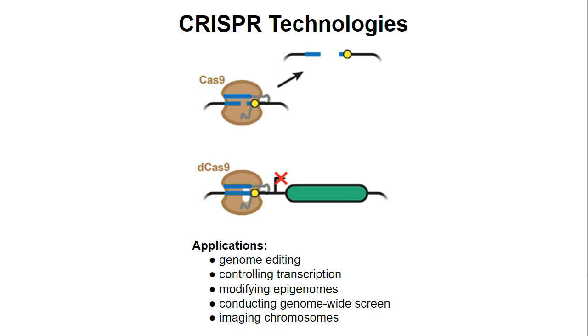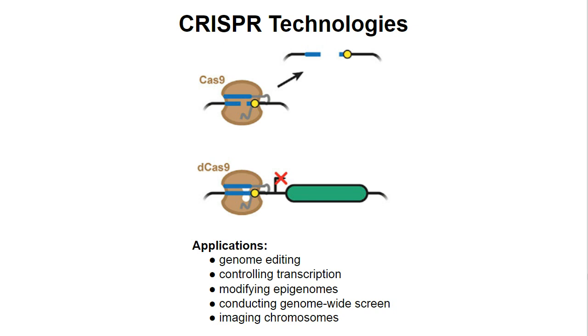But in addition to genome editing, it can be used to control transcription by simply mutating the Cas enzyme, in this case Cas9. We can make the Cas9 enzyme incapable of cleaving the target DNA, and now it just targets, so it would bind somewhere on the genome or on the gene, and that would either inhibit or activate the transcription.